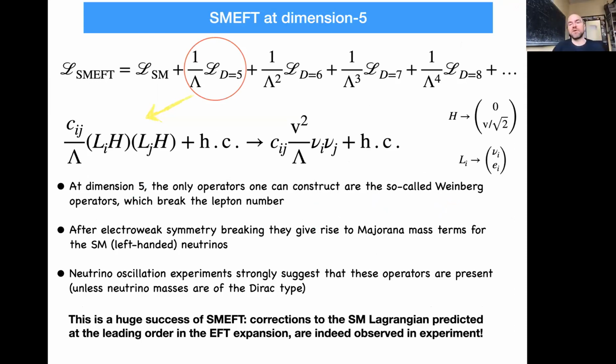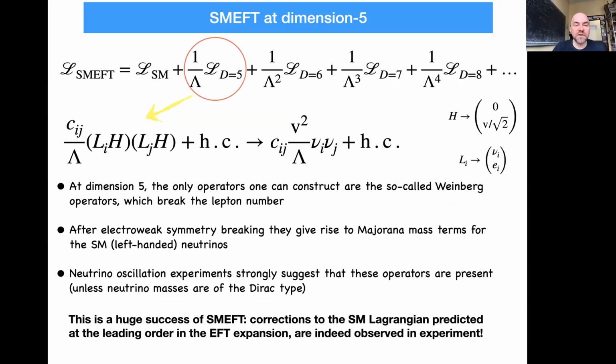And this is very, very nice and simple, because at dimension 5, there's only one possible class of operators that we can add to the Lagrangian. They are called Weinberg operators, like many things are. There are many Weinberg operators in the literature, but this is one of them. So this LH LH.